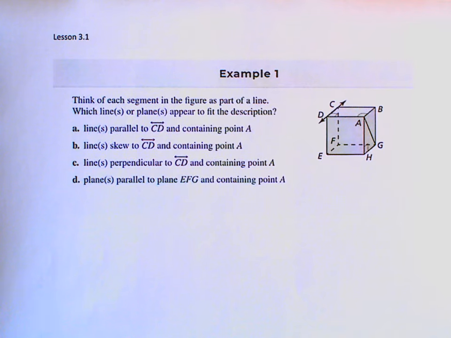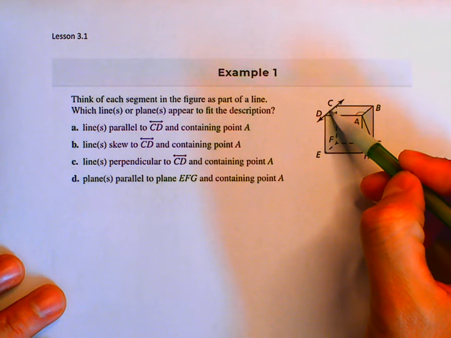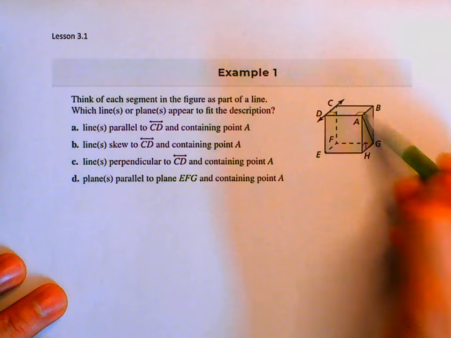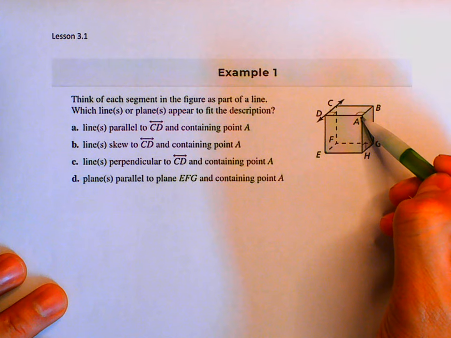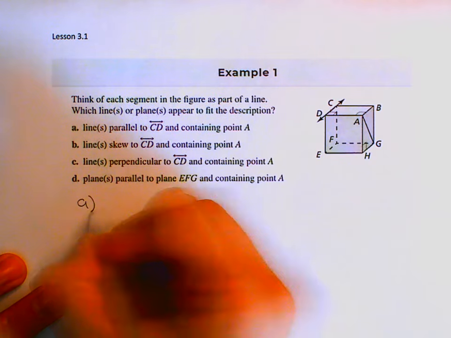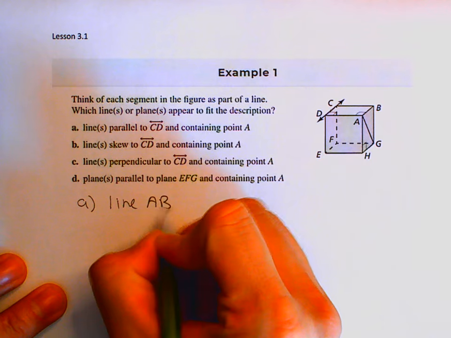The only lines that I see that are parallel are this one and this one. But the only one that can contain point A is line AB. So for A, it's going to be line AB.